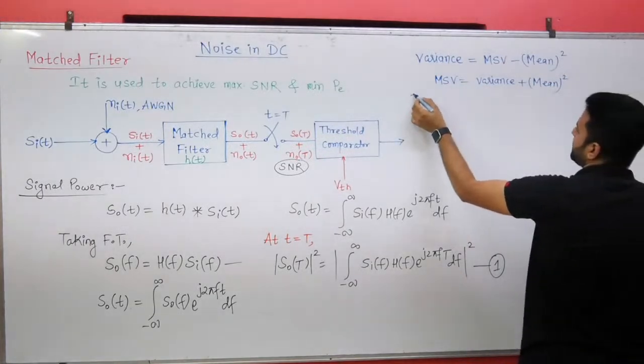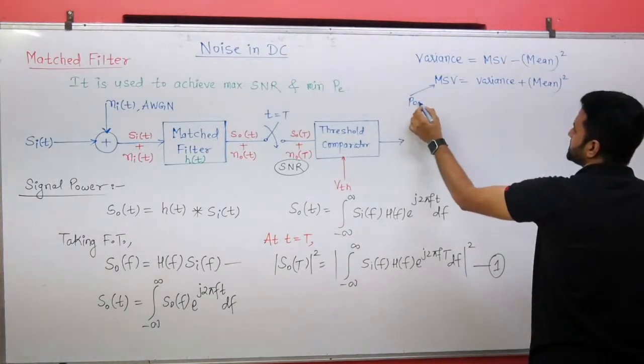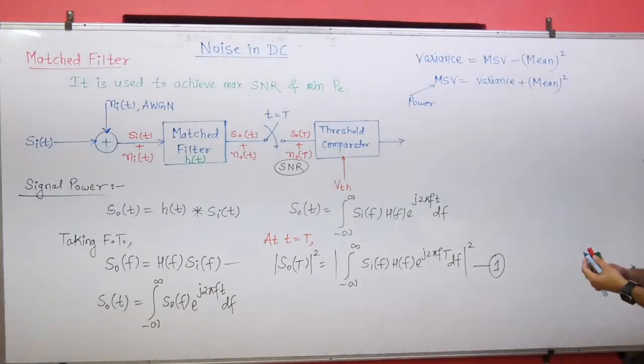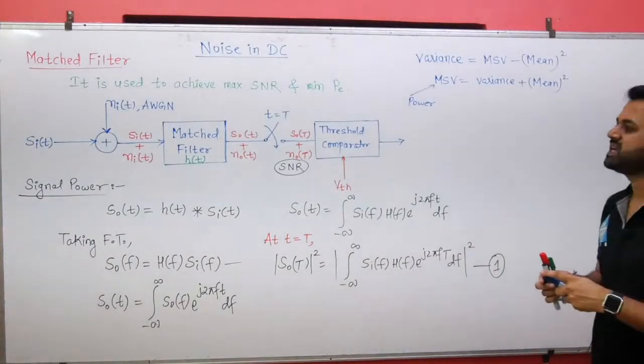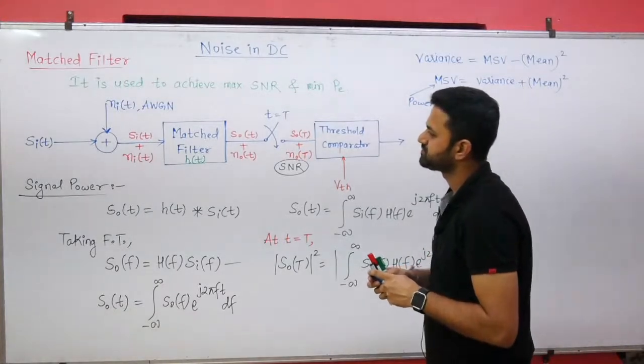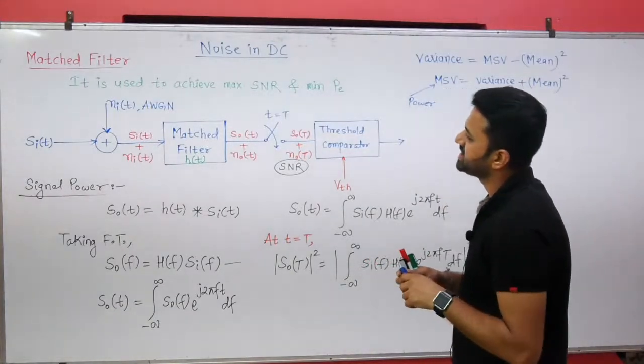Okay, so the mean square value will give you the power of the noise. Mean square value will give you average power. Okay, so now tell me, what is the value of mean at the output?